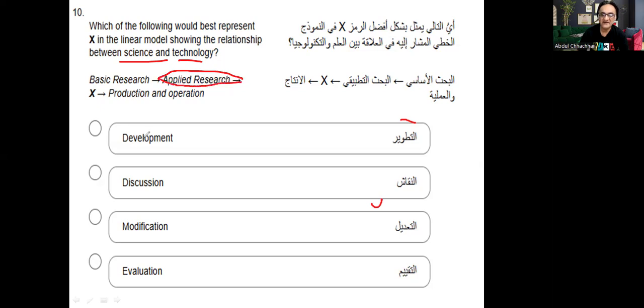Between research and production, what we need is development, or innovation. It can be innovation, it can be development. If we don't have development, then our research and production won't be possible. So the relationship between science and technology is the development.